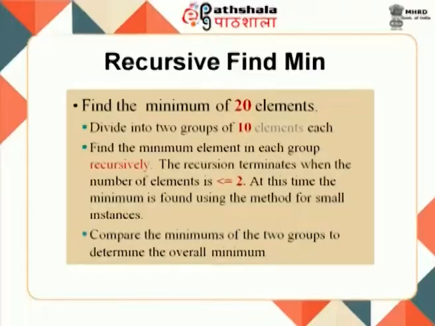This 2 is a terminal problem, you just compare it, you do not call it again. The 3, again if you want you can divide, so you will get 2 and 1 which again is trivial. So, you have landed up with 2 1 2 1 2 2, 6 problems which can be solved terminally. Then you take those two, find the minimum, go up, take those two, find the minimum, go up, and so on. So, compare the minimums of 2 groups to determine the overall minimum.